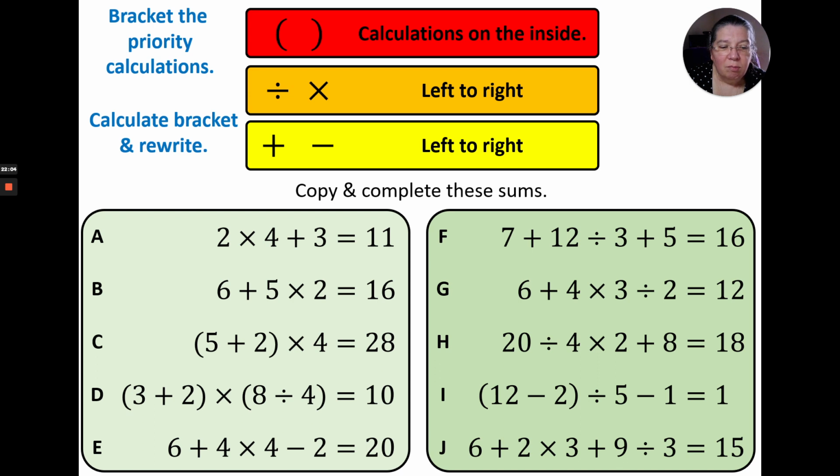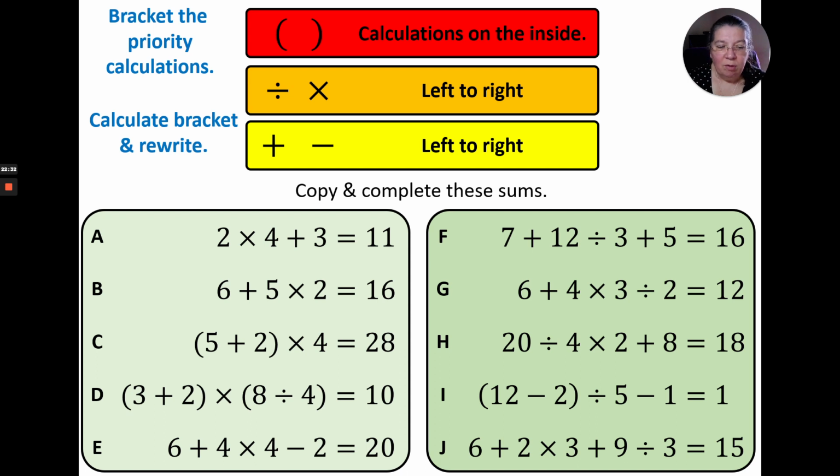The next one, we've got a multiplication and a division. What would we do first? Well, let's do 4 times 3. 4 3s are 12. 12 divided by 2 is 6. So we've got 6 plus 6, which is 12.